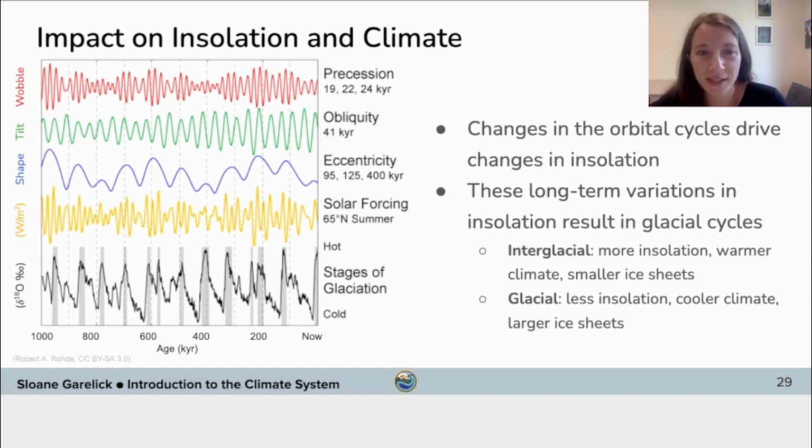Similar to the orbital cycles and changes in insolation, this record of glaciation also varies in a cyclic pattern. If we look closer, we can see that periods that are hot and interglacial correspond to instances of increased insolation, whereas periods that are cold and glacial correspond to instances in which solar forcing is decreased.